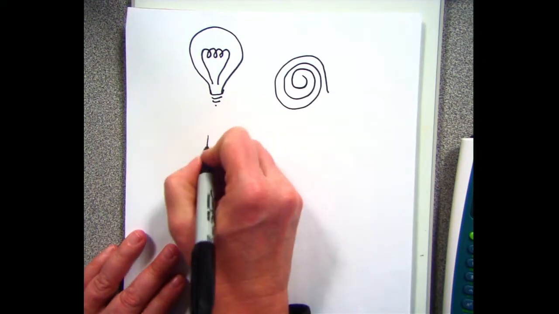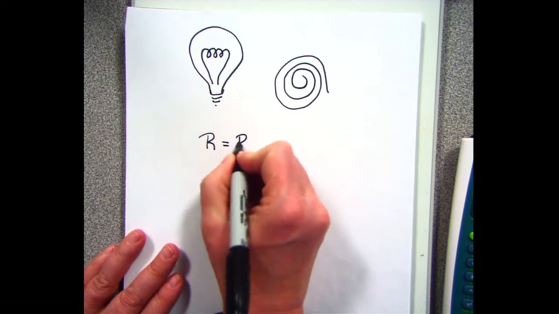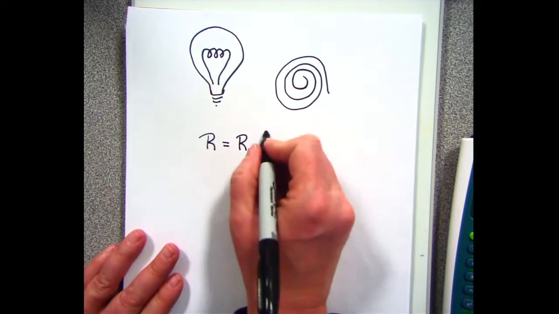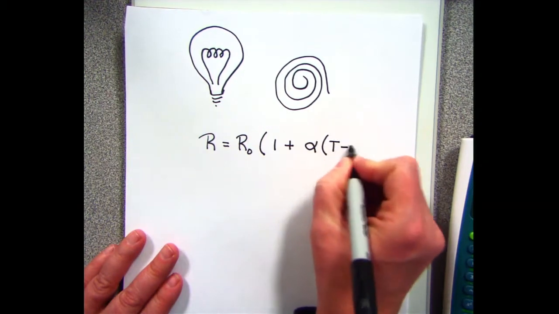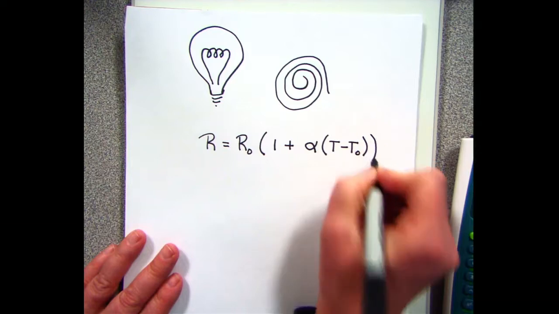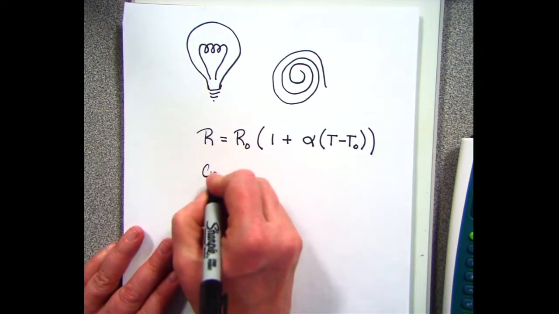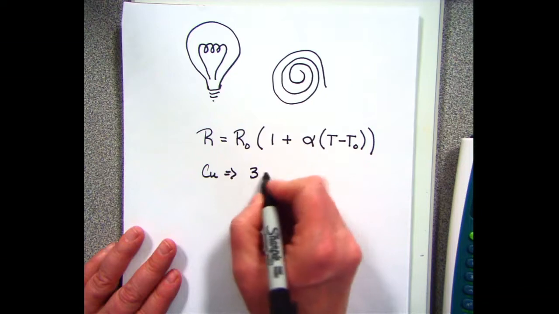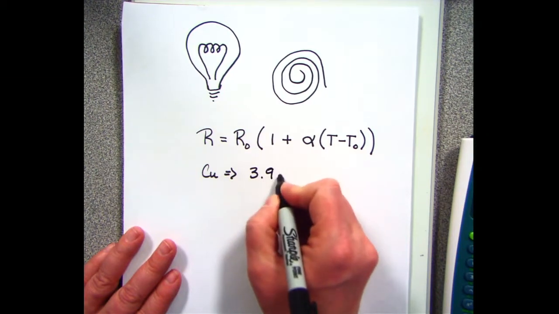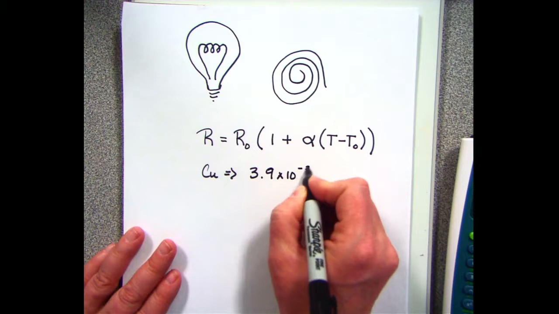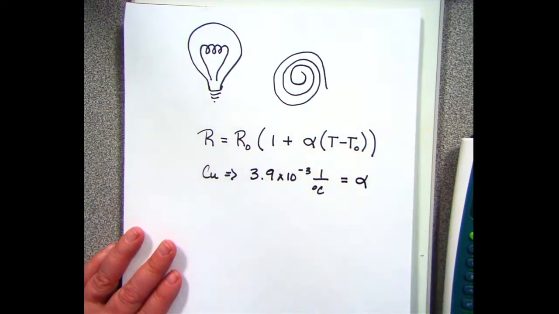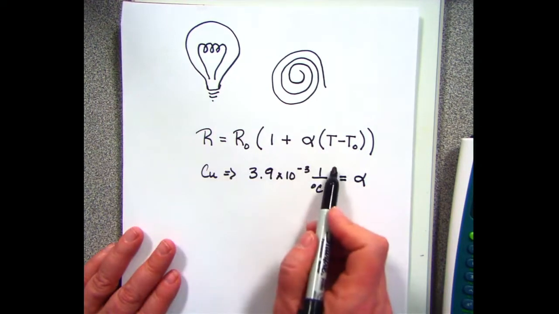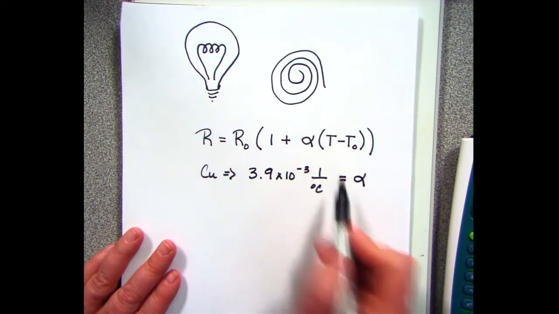So for copper wire, alpha is 3.9 times 10 to the minus 3, 1 over degrees C. And this is the temperature coefficient. So I can actually calculate the new resistance, depending upon how hot my wire gets, because that's going to change the properties of the material. And you've got a couple of problems that deal with the change in resistance.